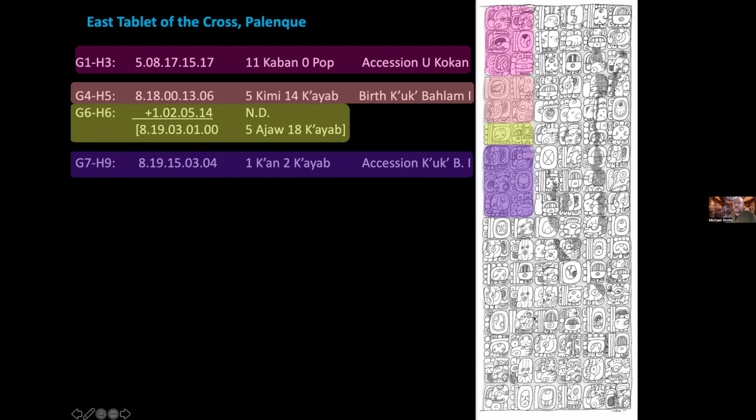So we don't see long counts directly stated here necessarily, although we can fix them in the long count. So we have now the accessions and the births and the accessions of two kings, which we'll be comparing.